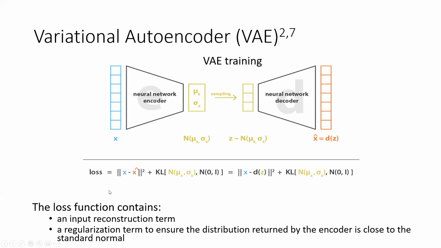So the first part of the loss function is the distance between the reconstructed vector, X hat, and the original X. And also, as we said, we add one more part to the loss, which tries to constrain how the distribution that the encoder learns behaves.